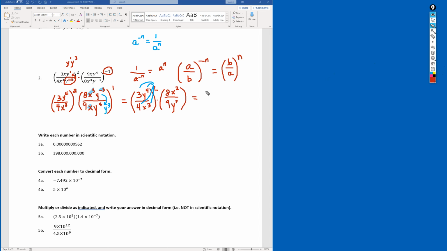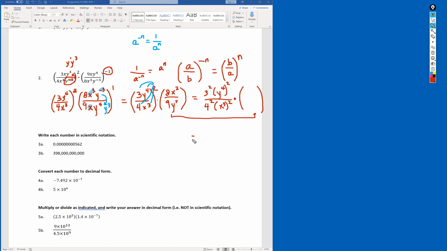We're going to have 3 squared, y to the 4 squared, and then over 4 squared, x cubed squared. And then all this times everything in this second expression, which is going to remain the same. I'm just not going to rewrite it.